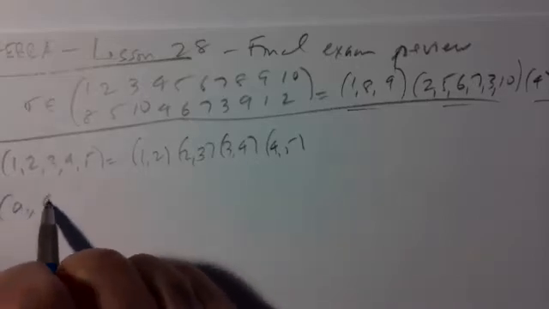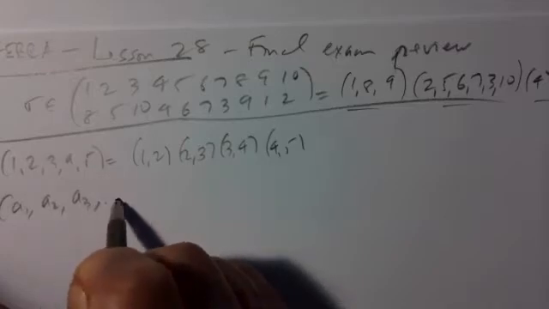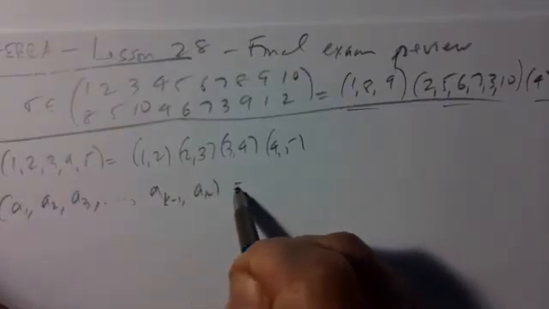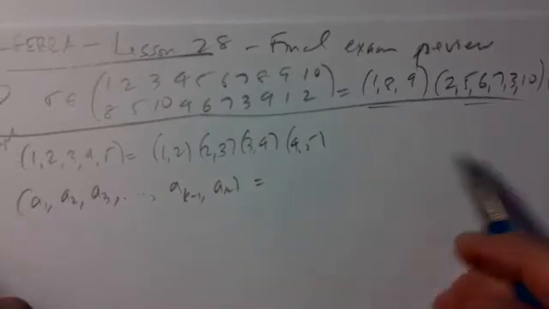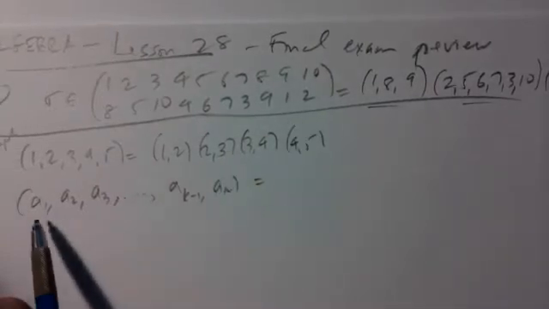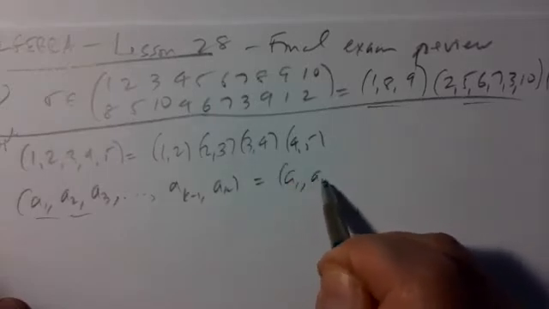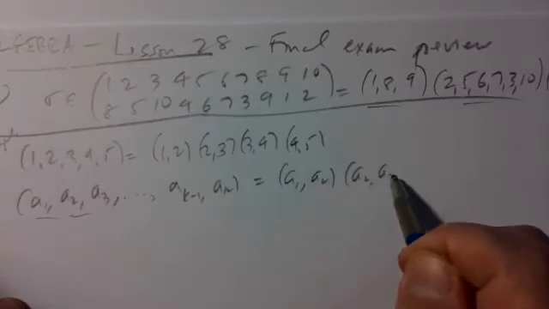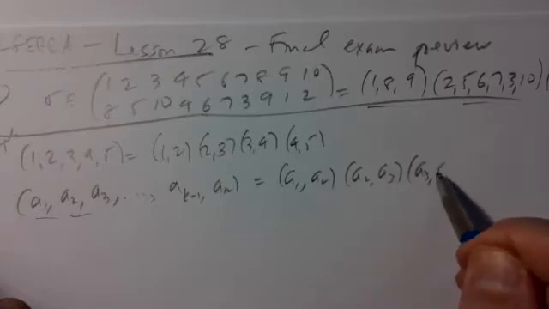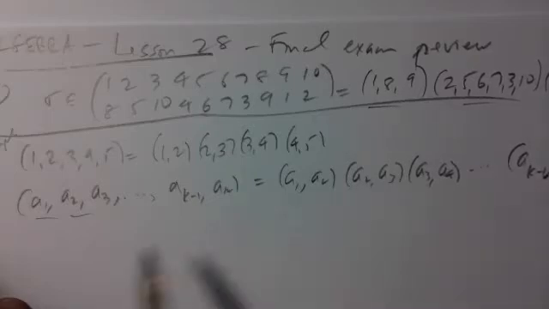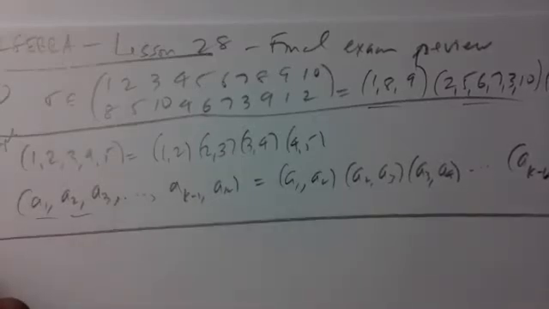And in general, if you have a k-cycle, an easy way to write this as a product of k minus 1 transpositions is just to take them in pairs. And you can check, this always works.